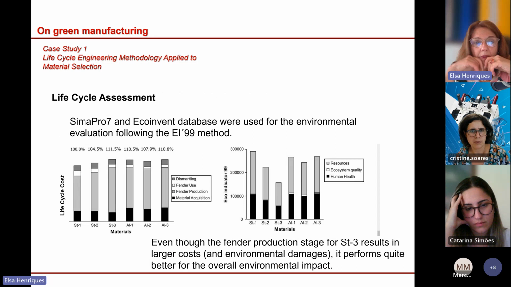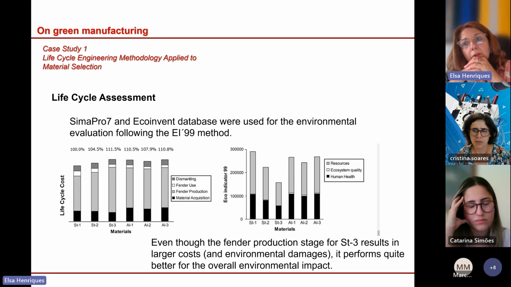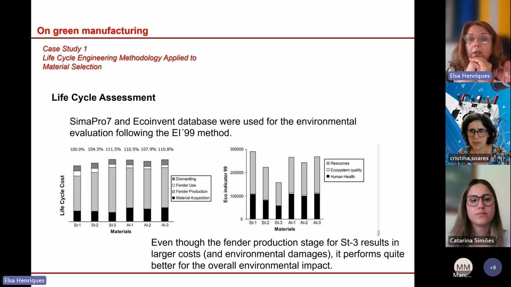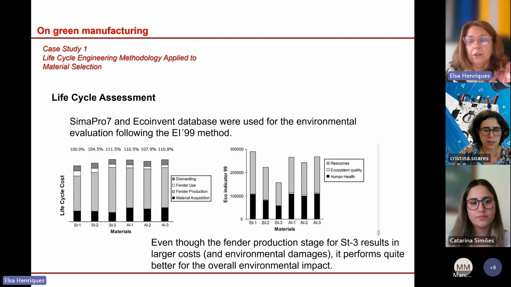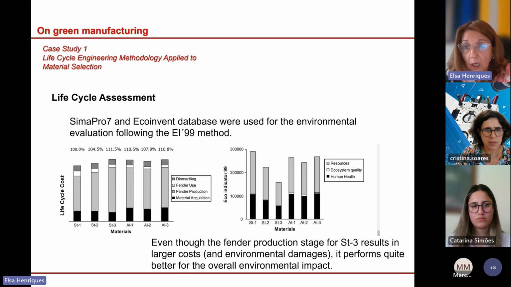Okay, so now we can look at the life cycle assessment. We have all the data for that. We have the geometry of the part. We have all the data in terms of the process with the flows of energy, material, water, emissions, whatever you can consider.